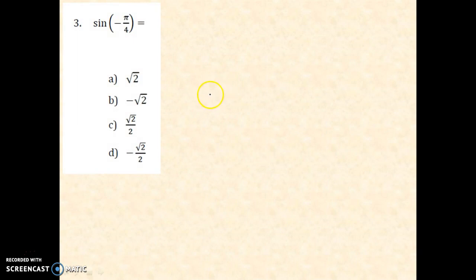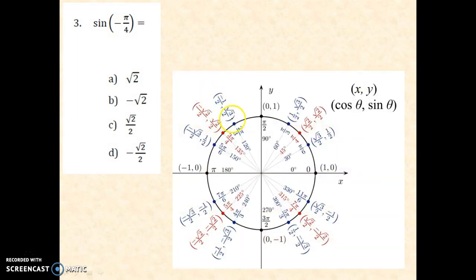Sine of negative pi over 4. Once again, my best friend. Negative pi over 4, let's see. 2 pi is right here. So negative pi over 4 would be just backwards down to here. So why did I talk about 2 pi?